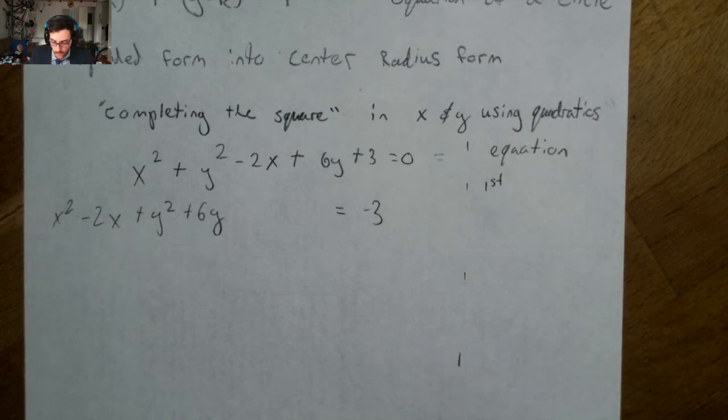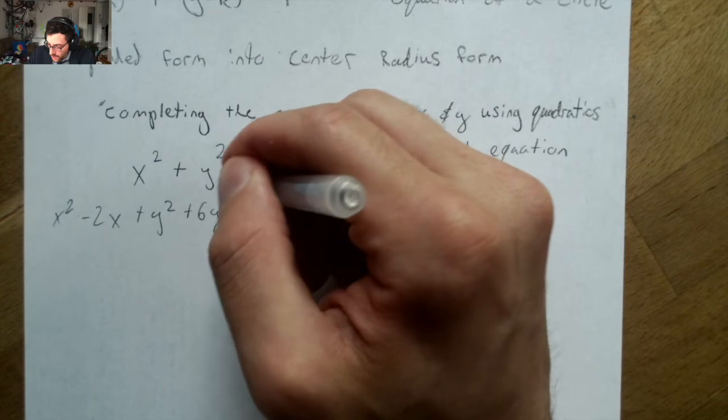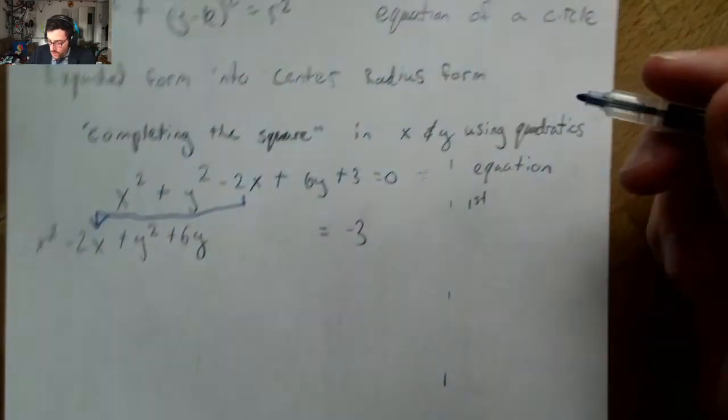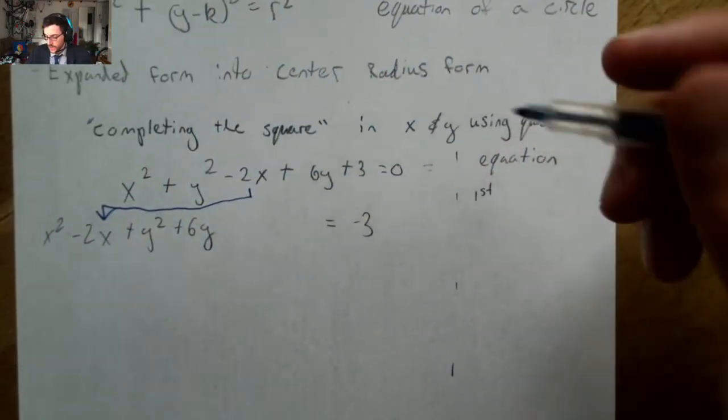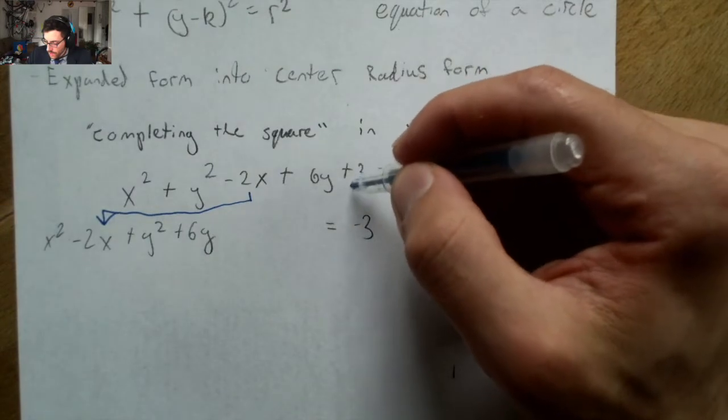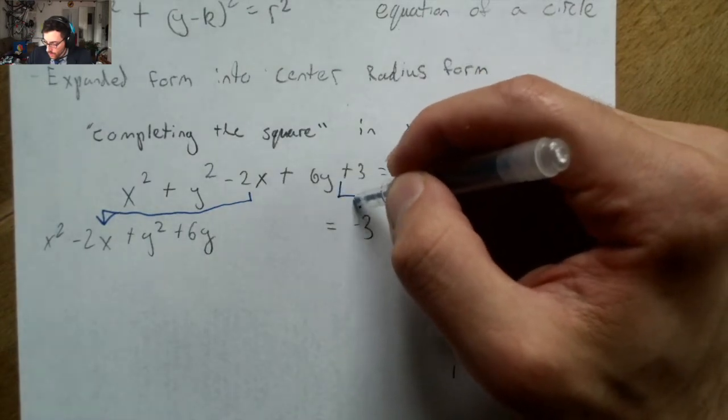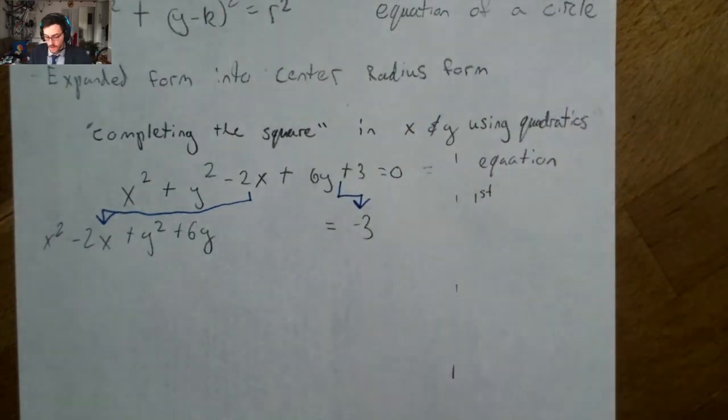So we're going to place our 2 right next to the x squared. Our 3, we are going to move over to the right side of our equal sign by subtracting it.